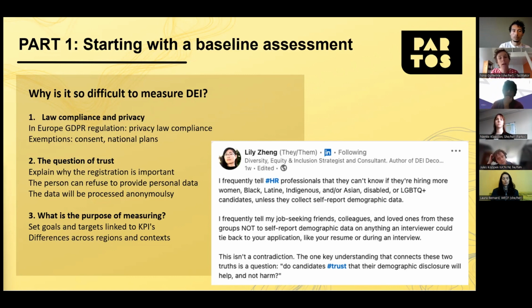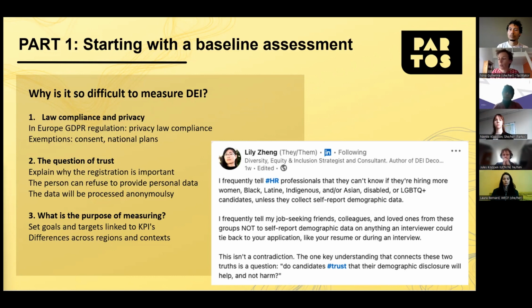But you can also turn the data against the people who reveal their identity or demographic aspects. So there is the fear of labeling people and putting people into boxes, and that is absolutely and completely understandable. It's a little bit different within the US systems, where people are more used to revealing their own identity markers or social markers, but in the European context, it's a little bit more difficult.